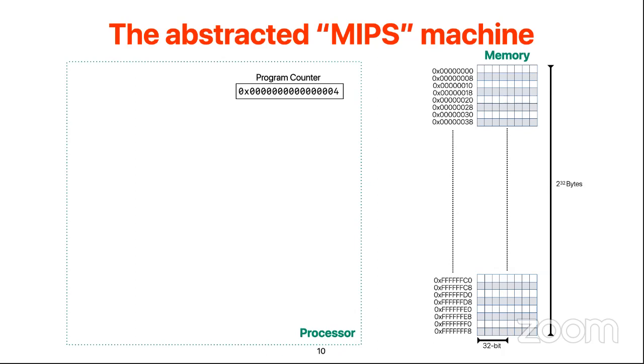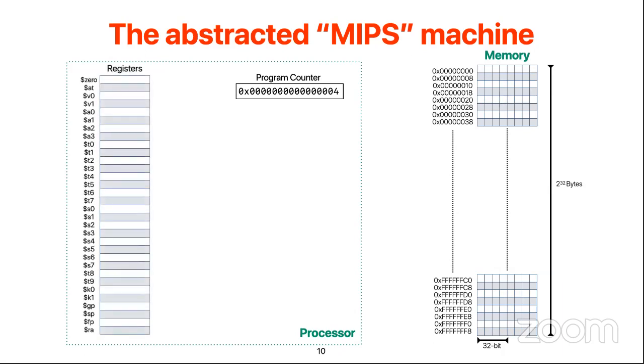Within the processor, there is a program counter. However, you cannot directly access the program counter. What you can directly access are the general purpose registers, except for the zero register, which always returns 0 no matter what you do with it. Other registers you can directly read with any instructions that you have.